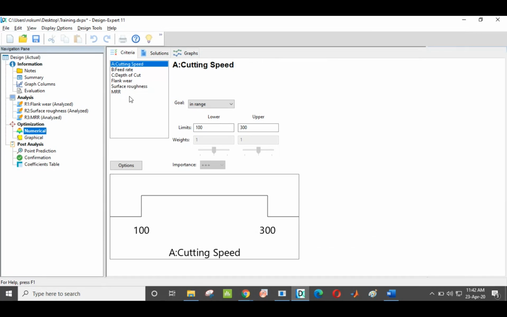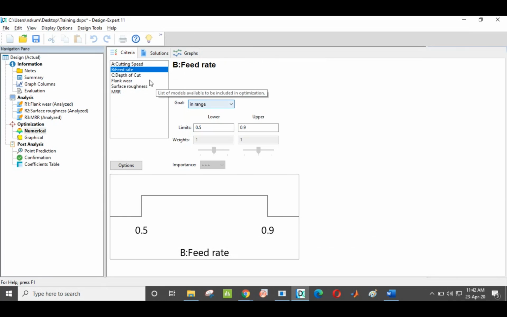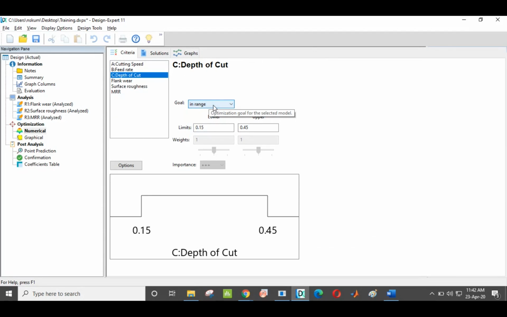Numerical. Here you can see the cutting speed, goal. What is my goal? Cutting speed, feed rate and depth of cut are my inputs, so it should be in range. Feed rate should also be in range and depth of cut should also be in range.